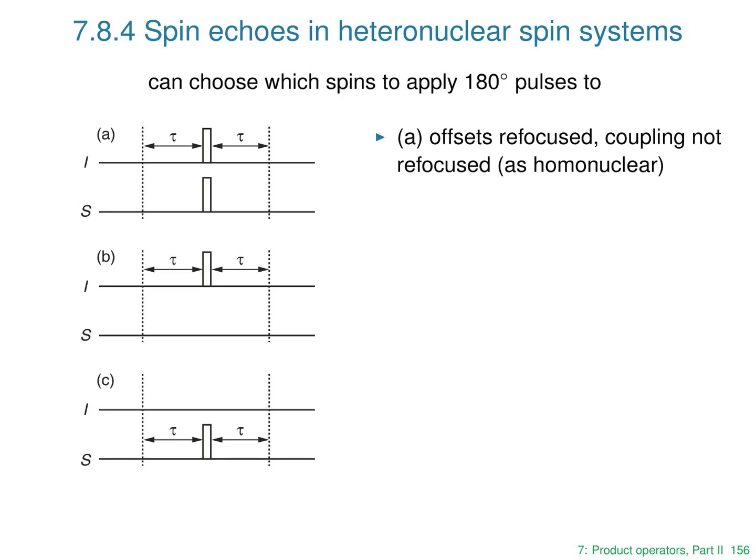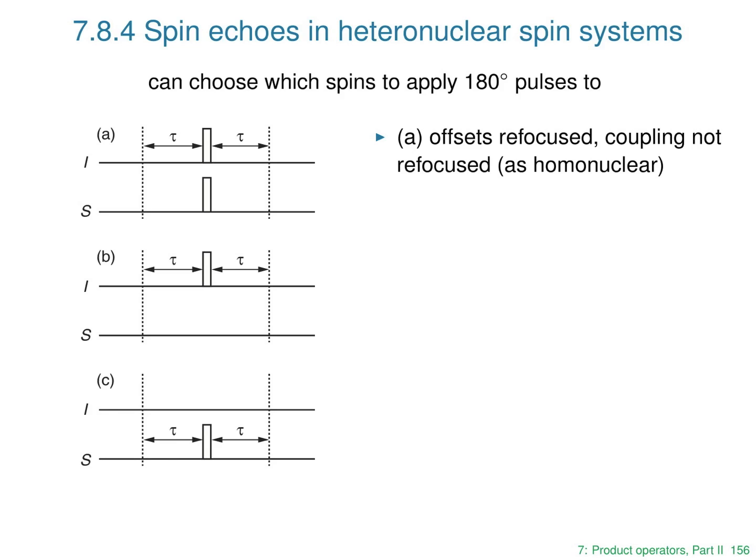So that's a spin echo in a homonuclear system. Now I want to have a look at what happens when you do spin echoes in heteronuclear spin systems. The difference here is that there are lots of variants that you can play. So here's my pulse sequence. Look at A. There's a line for the pulses that we're applying to the I spin, and there's a line for the pulses that we're applying to the S spin.